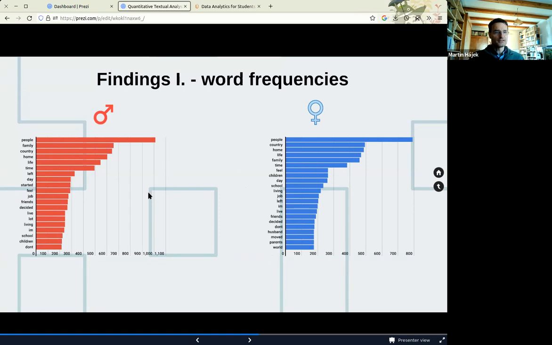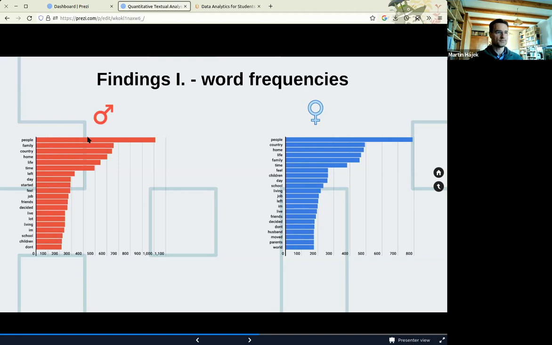What is on these 2 graphs? These are word frequencies. It means the most frequent semantic words, 20 of them, more or less, for male migrants, and the same for female migrants. We see that the most frequent word by far is people.